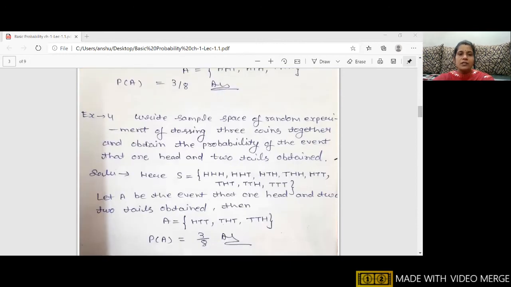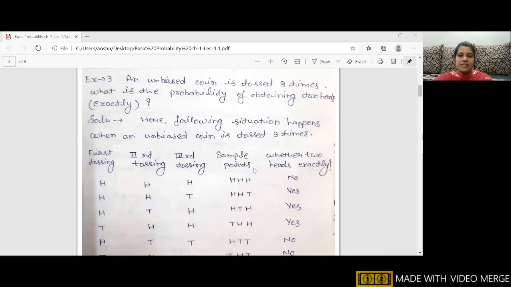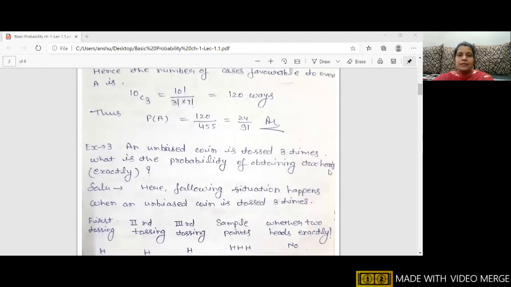The next question is: write the sample space of the random experiment of tossing 3 coins together, and obtain the probability of the event that one head and two tails are obtained. In our previous example, it was the probability of obtaining exactly two heads.